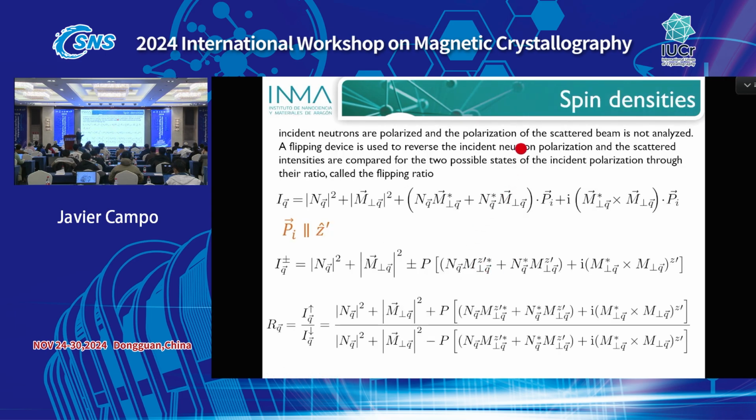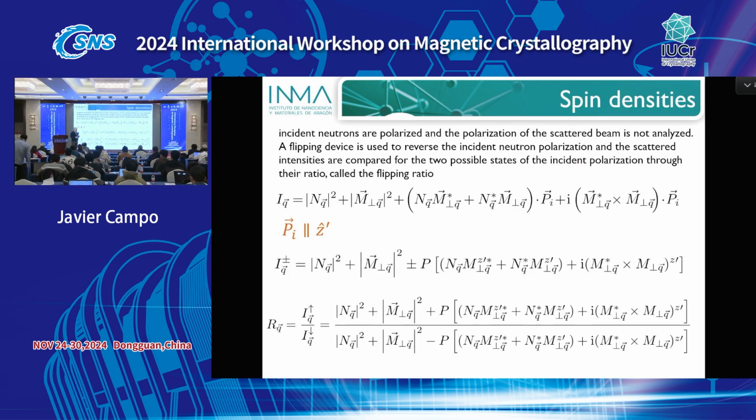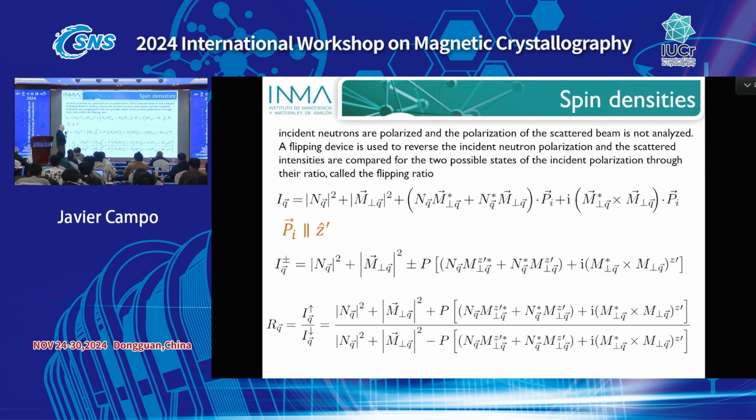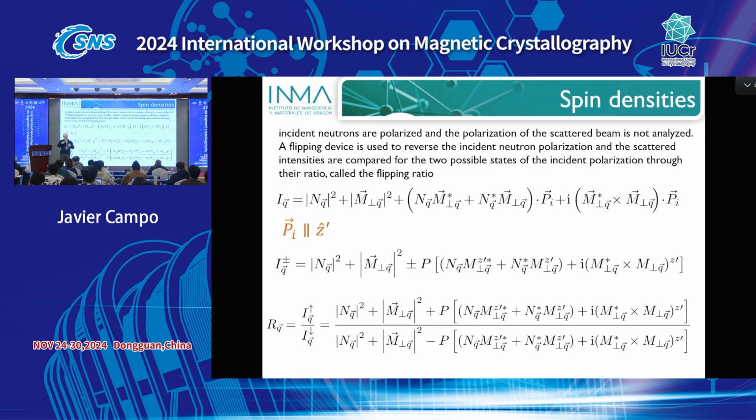Spin densities and form factors. Then, what is the idea of the determination of the spin densities? At the end we want to determine which is the orbital, or the space, that our magnetic electron, that is an unpaired electron, is occupying in space. And the Fourier transform of this orbital is directly the magnetic form factor.